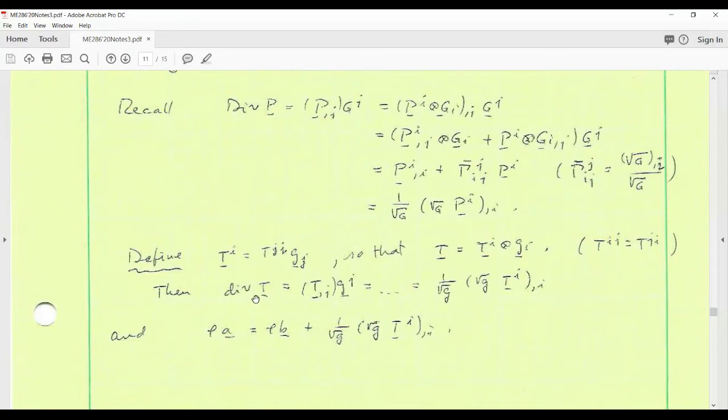The divergence, the spatial divergence, in current configuration, is the same thing, except we have to operate with the appropriate basis. Do the same story, go through the same story, and you'll get this formula with the determinants of the metric in the current configuration. Again, partial derivatives. So the Cauchy's equations of motion can be written in terms of these Cauchy stress vectors in this way.